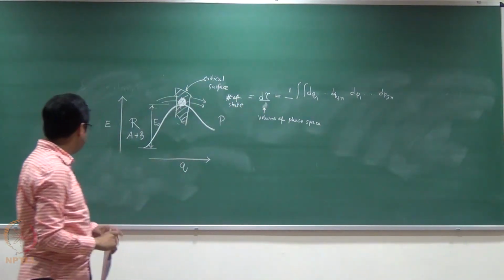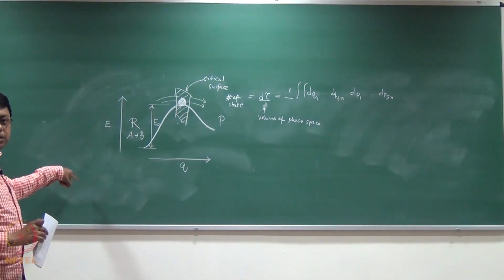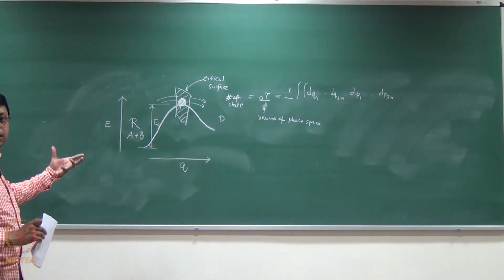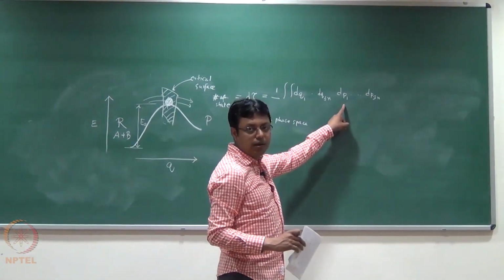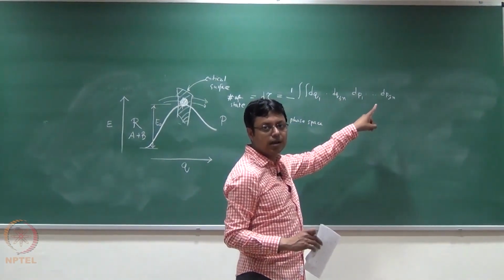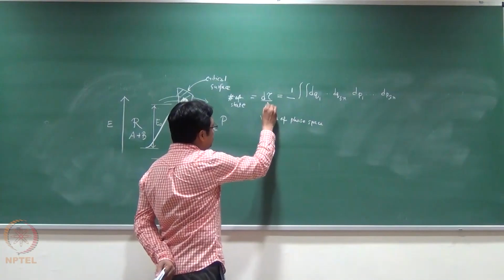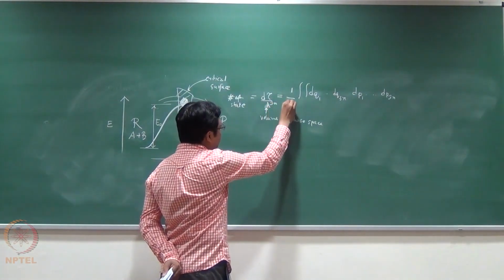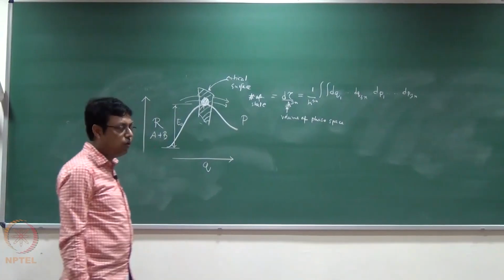For one dimension, each PQ combination gave me a dimension which is h, an area. Here, each PQ combination will give me h, so 3n PQ combinations will give me h to the power 3n. If I divide this by h to the power 3n, that will give me the total number of states.